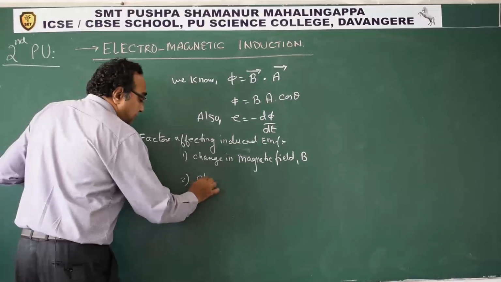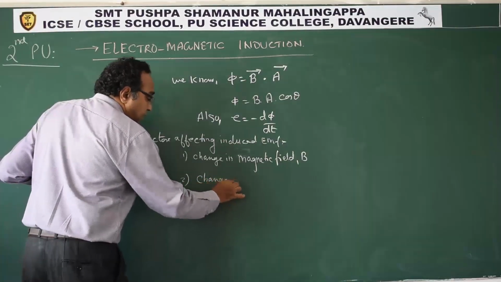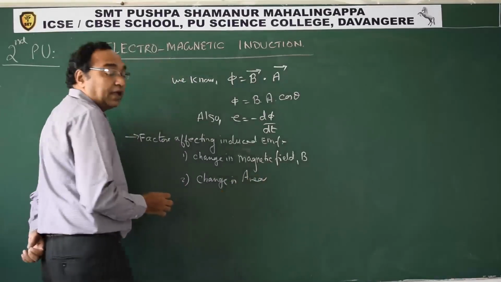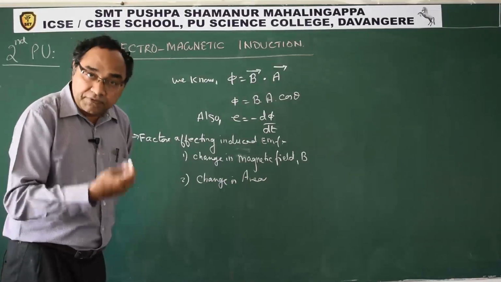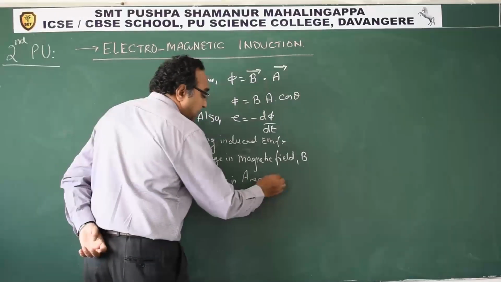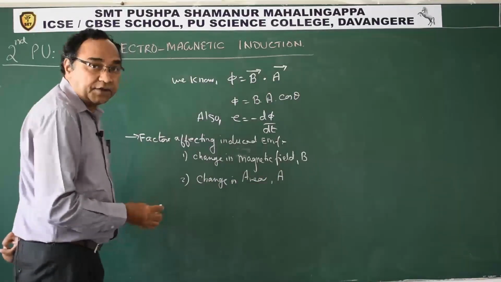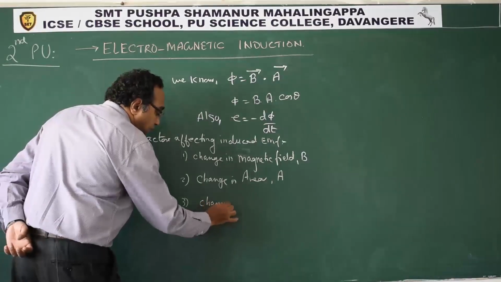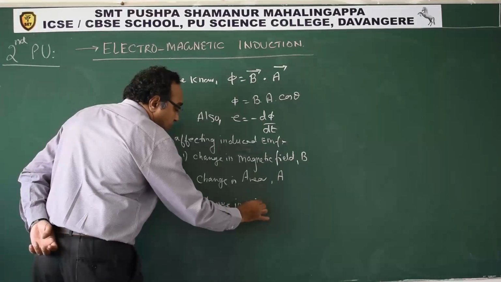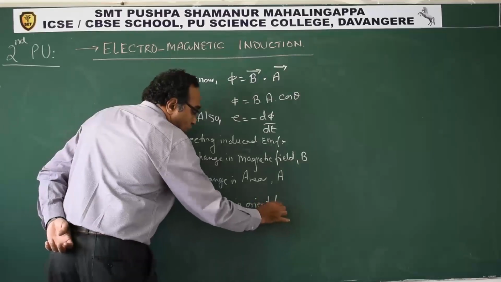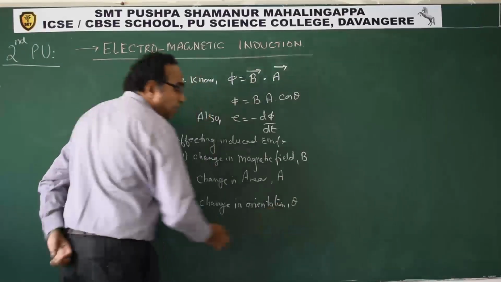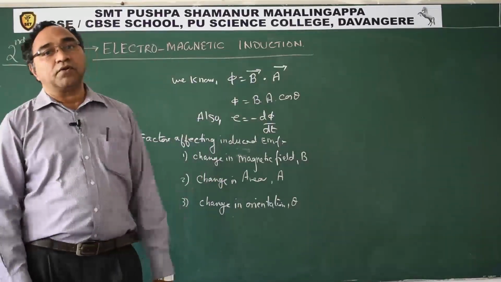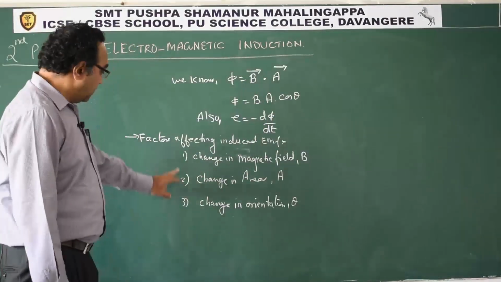The second factor is change in area linked with the magnetic field lines. Then also an EMF gets induced. And third, change in orientation. What is the meaning of orientation? Angle made by the normal to the plane of coil and magnetic field.